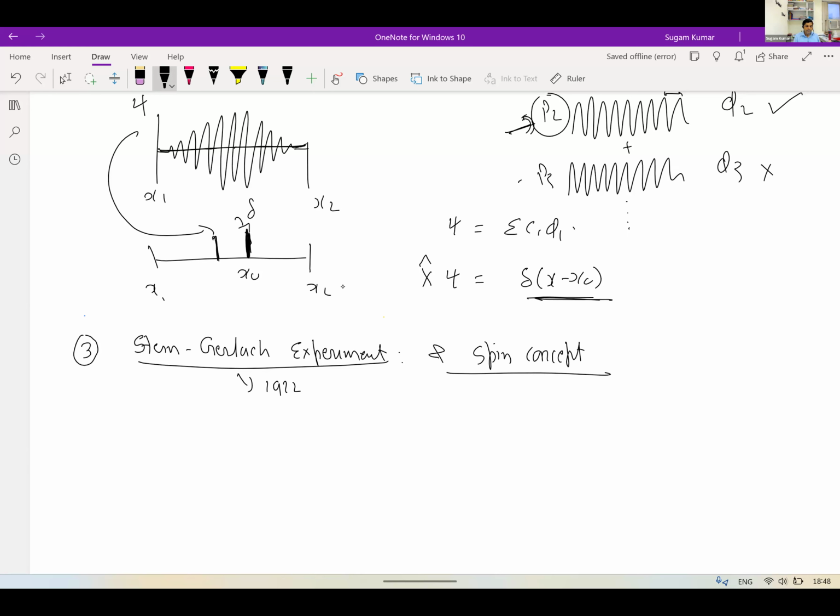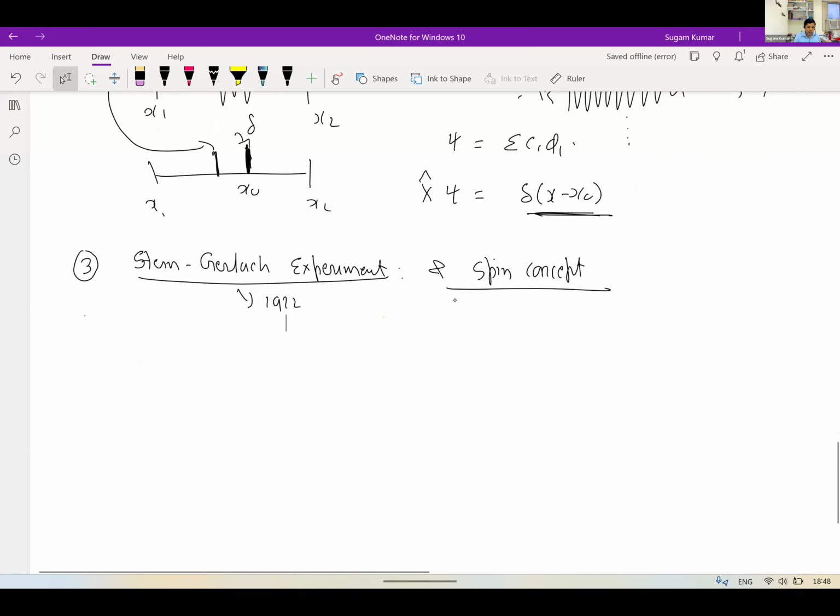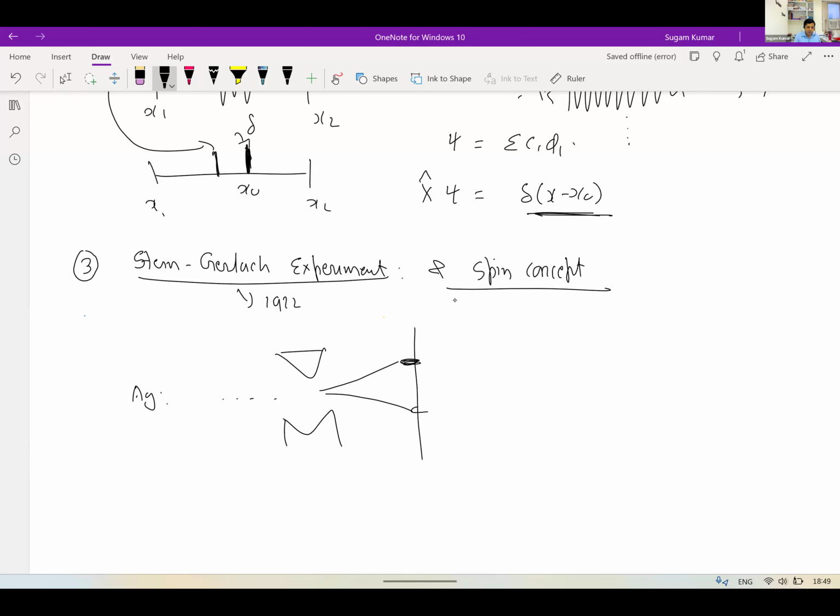They used a non-homogeneous magnetic field and silver atoms. When they passed them through, the silver atoms split into two parts, so you get two spots on the screen. These two spots prove that the angular momentum is discrete.